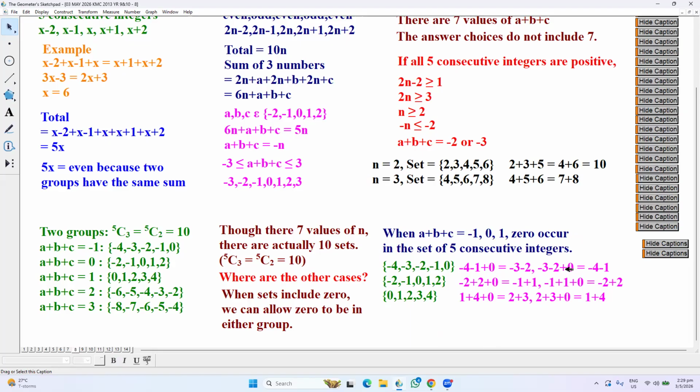Although the value is still minus 5, it's a different selection. So there are 2 possibilities. 0 can be in either group. Whenever there is 0, you can put it together with minus 2 and 2, or with minus 1 and 1, or 1, 4, 0, or 2, 3, 0.